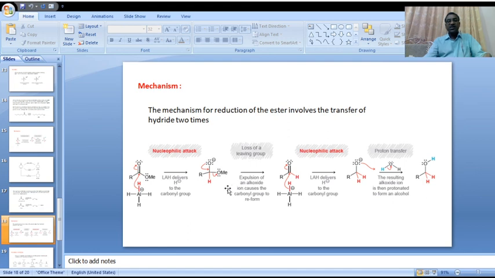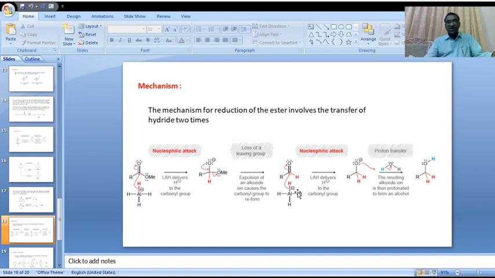Expulsion of the alkoxide ion causes the carbonyl group to reform. Here, this is the same, reformed as a carbonyl group. It may be an aldehydic functional group.